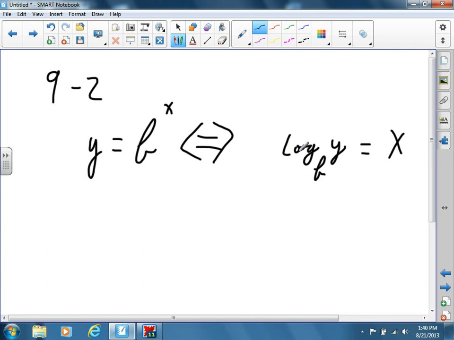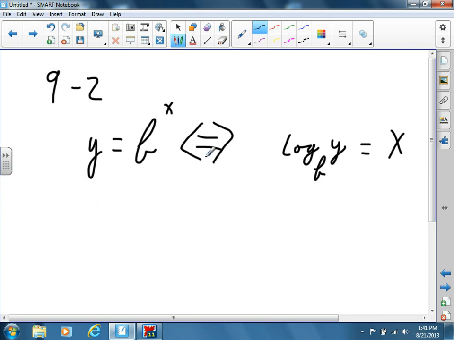If I have an equation that looks like the thing on the right and I can't figure out what to do with it to solve it, I can turn it into the thing on the left, if that makes it easier to solve. And vice versa. Either way.